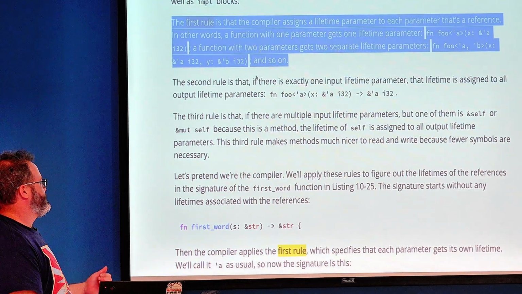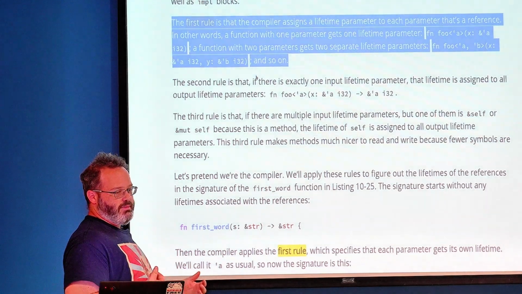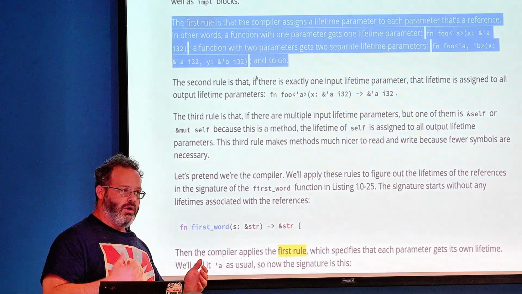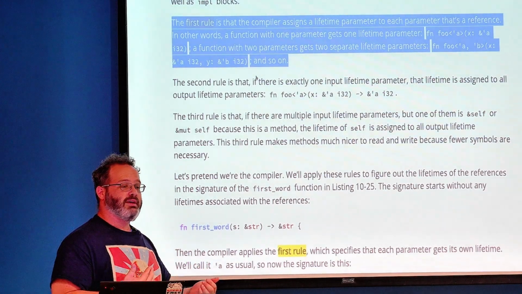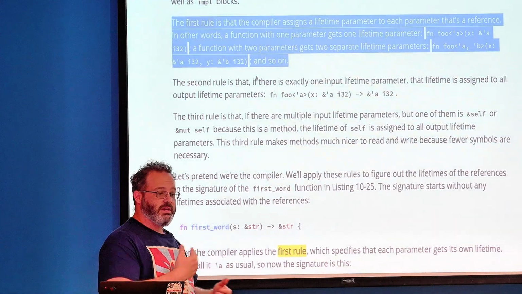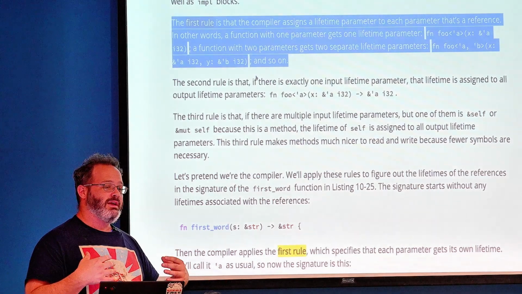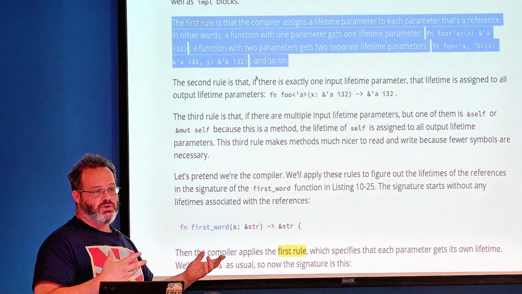Okay, so what they're saying here is one of the things that we'll try to do in order to make sense of things, rather than to assume all of the different input parameters have the same lifetime, it will give a different lifetime parameter to each one of them. If you have 10 different references, it'll generate 10 different lifetimes and assign them in sequence to all of those parameters.